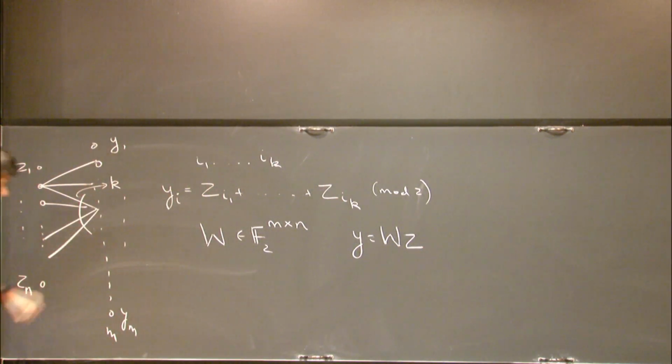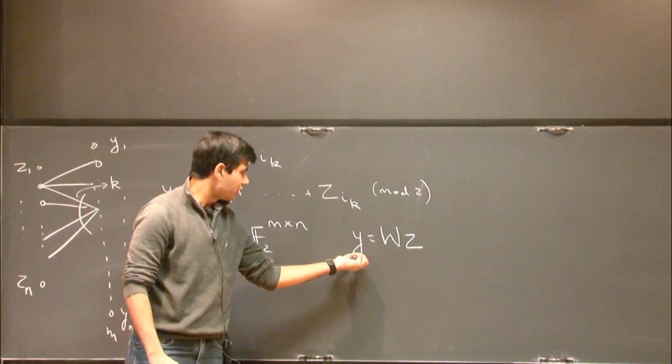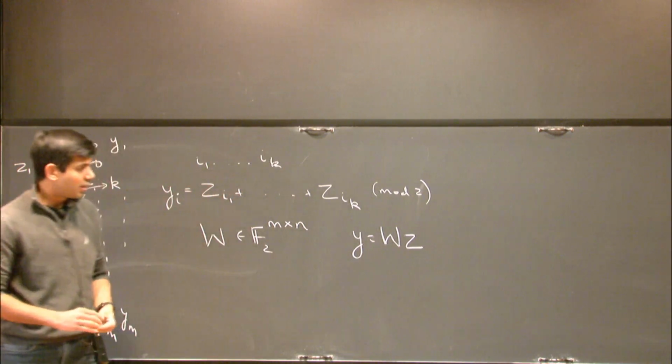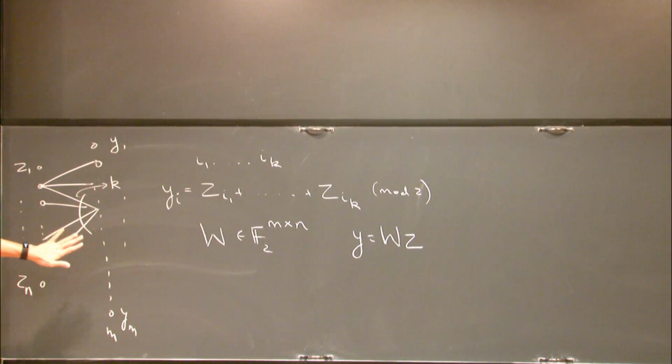Now I want to construct bipartite graphs or incidence matrices such that the new code, which is created from the old code by doing this operation, has much better distance, and at the same time has some other nice properties, that we can maybe decode this code fast, etc., etc. Okay. Is the construction okay? Just the definition.